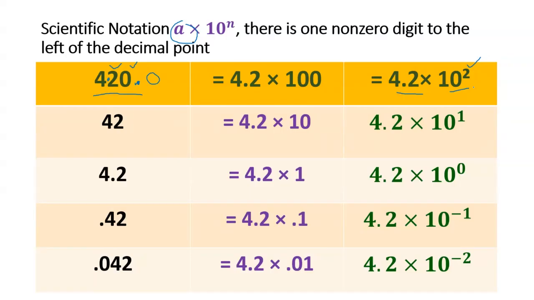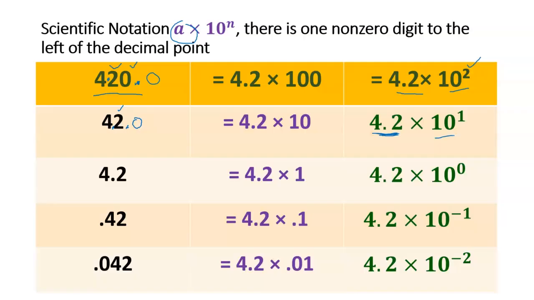Let's try the second example. This time, I have 42. 42 is still more than 10, meaning I'm trying to make the number smaller. The decimal is right here, 42. To make the number between 1 and 10, I must put the decimal right there. So I made the number smaller again, and I only moved one place.